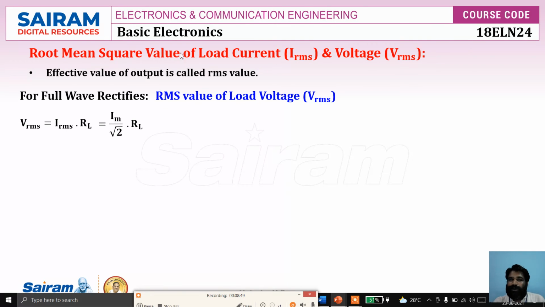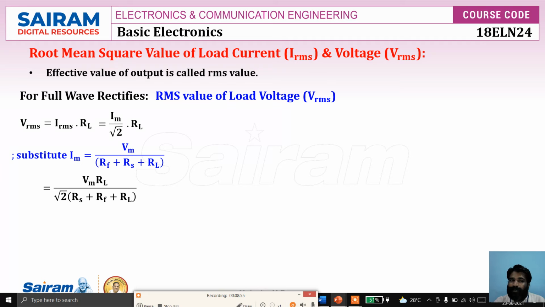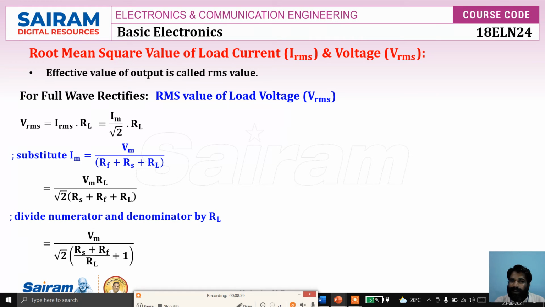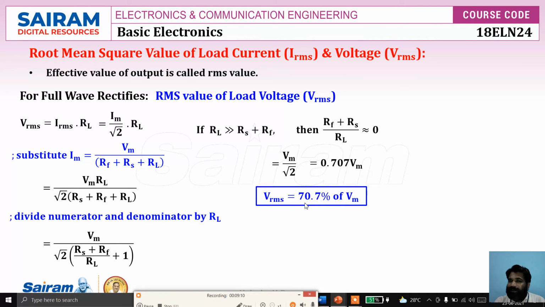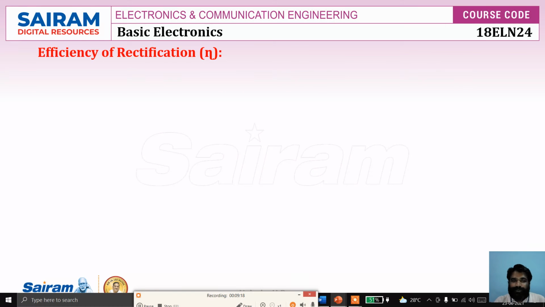Substitute IRMS is equal to Im by root 2, and substitute the Im value, and divide both numerator and denominator by RL. Later we approximate this term to 0, so it reduces to Vm by root 2. So that is 0.707 Vm, or 70.7% of Vm is the VRMS value. Clear now? Fine.